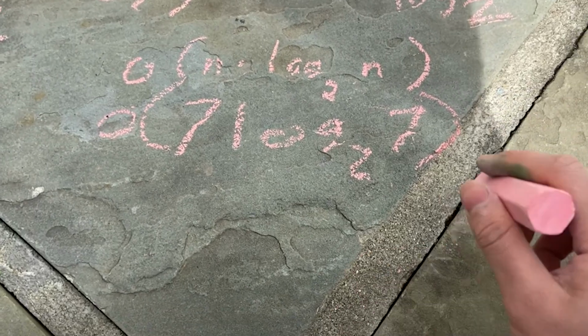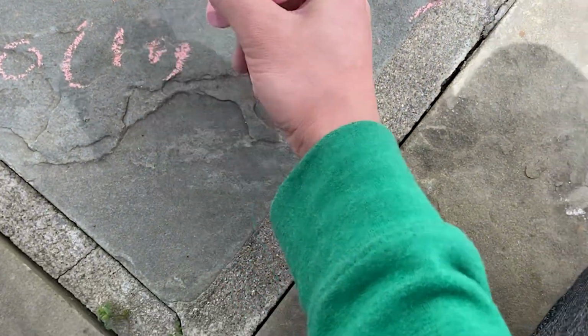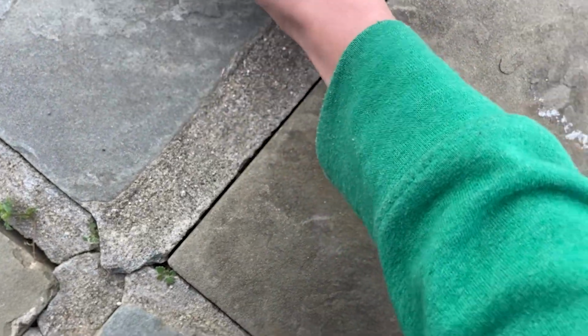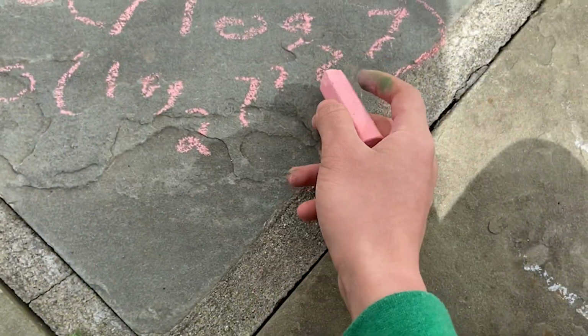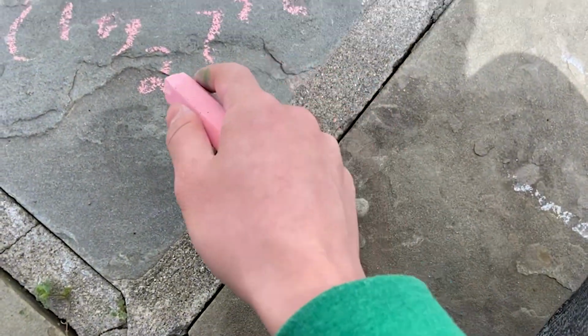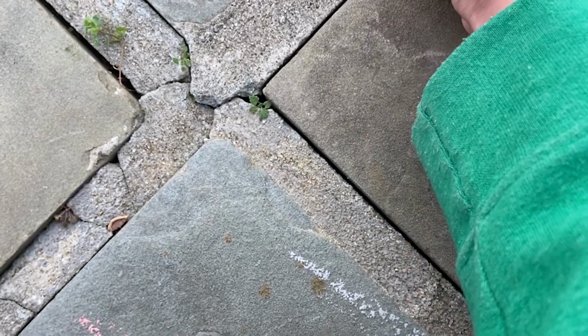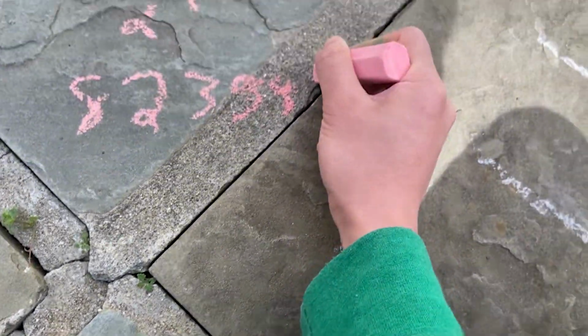So I'm back, and I've calculated it. So O of log 2, 7 to the power of 7. You know your log properties. This will go inside there. And then you'll have O of log base 2, 7 to the power of 7 would be 823543.